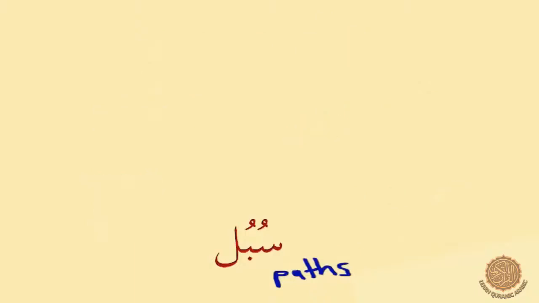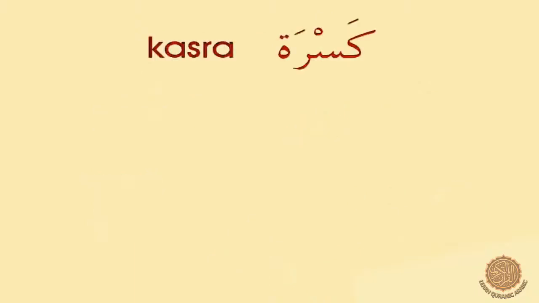Let's get to the kasra. The kasra, as we showed you, is a line at the bottom of the letter, and the sound it has is like the I in the word sit. So it's an E sound. For example, if I transliterate that into Arabic, it's like that.